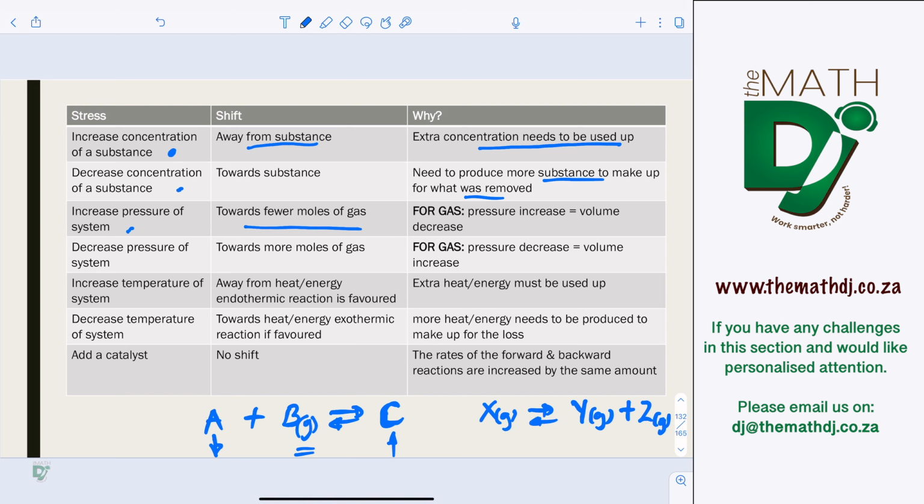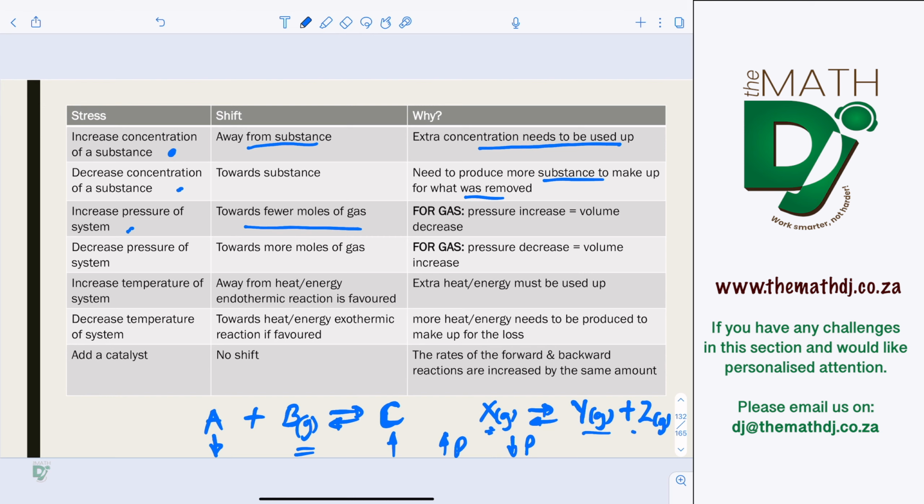If you increase the pressure, it favors the backward reaction because there is only one mole of gas there, as opposed to the forward side, which has two moles of gas. So that's what we mean. If you decrease the pressure, it will favor the formation of gases. So if you reduce the pressure, it will favor the forward reaction in order to compensate for that decrease in pressure.